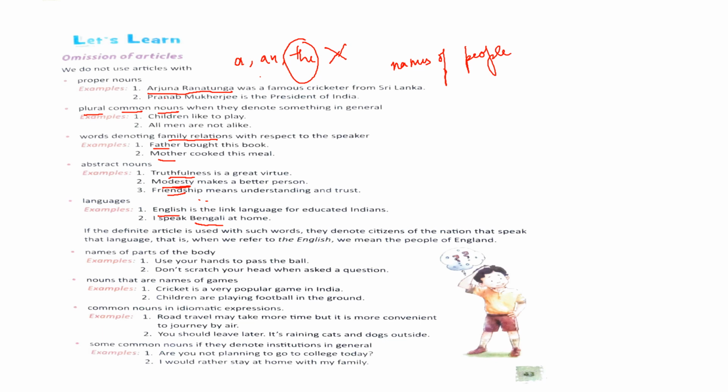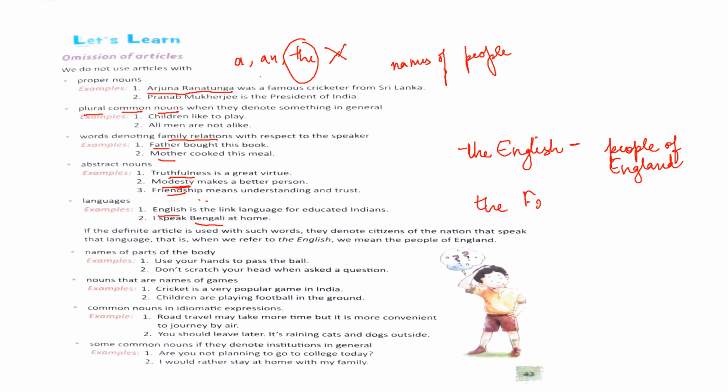That is, you can say "the English," but it does not mean the language. The meaning changes when you add "the" with English. Now when I say "the English," it means people of England. Similarly, "the French."